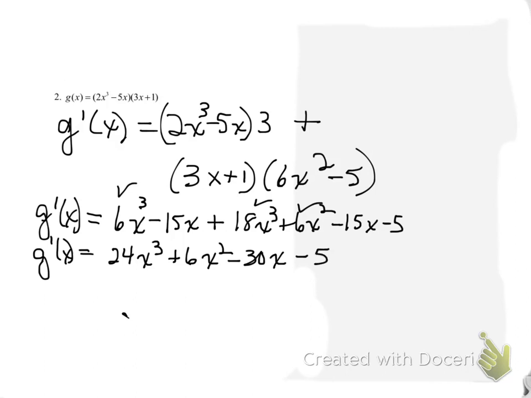So let's see. There's nothing really I can do in terms of factoring. If I wanted to, I guess I could do this. If this makes it easier for you to work with, I would then do it. Look, I'm going to factor by grouping. So look at the first two. I can take out a 6x squared.